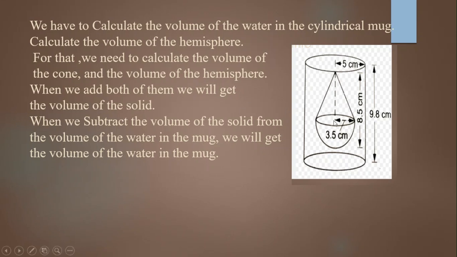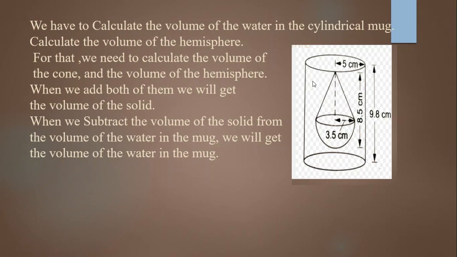The solid is in the form of a right circular cone mounted on a hemisphere. That is why we need to calculate the volume of the cone and the volume of the hemisphere, add both of them first, and subtract the total volume of the solid from the cylinder volume, so that we get the volume of the water left in the cylindrical mug.